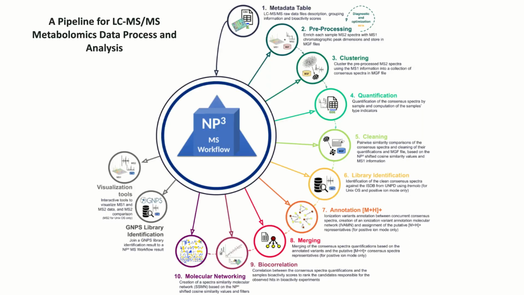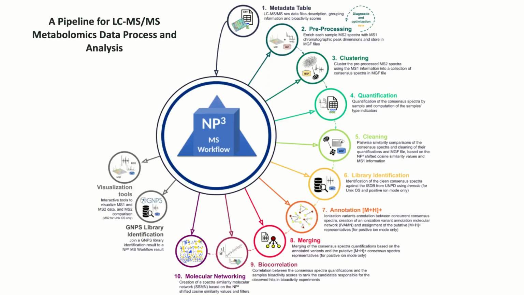After cleaning, we have the final list of clean consensus spectra, which is identified against an in silico database from the Universal Natural Products Database. After this library identification, we go to the annotation of ionization variants, and this information is exported to a molecular network.